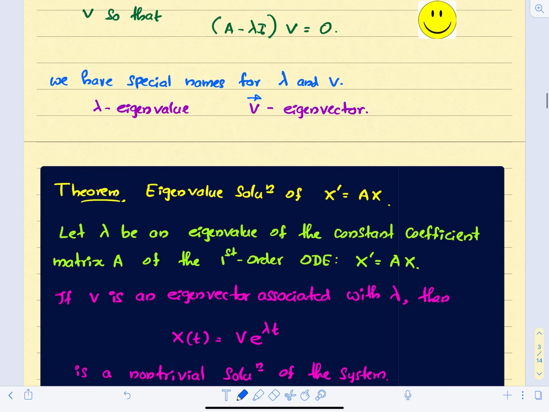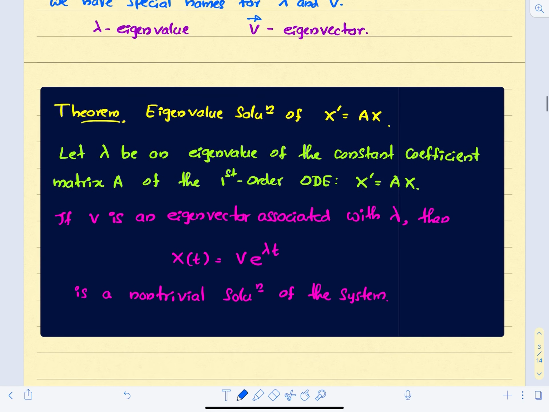And to conclude this video, I'm going to state this theorem. The eigenvalue solution of x prime equals A x is given by the eigenvalues and eigenvectors of this matrix A, and vector v is the associated eigenvector for lambda.